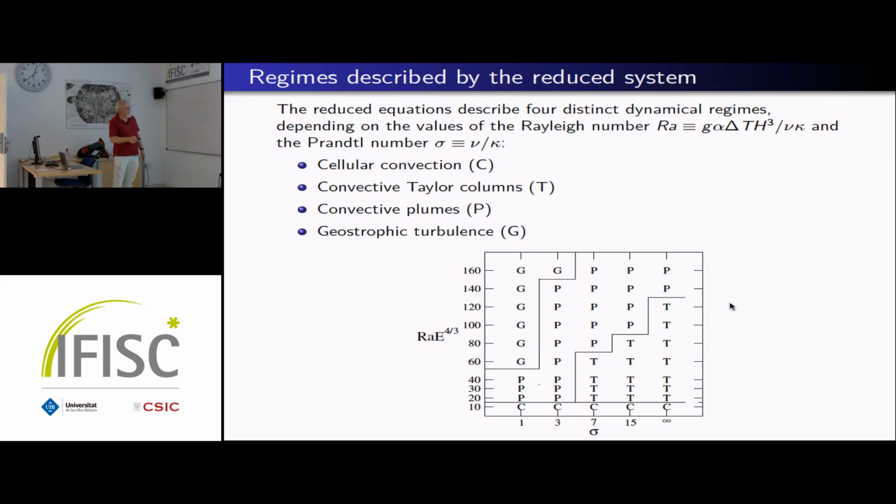And these columns then break up into plumes that don't penetrate all the way across the layer. So that's this plume regime. And then if you force even more, the plumes generate this state of geostrophic turbulence, which is like turbulence, except that on all active scales, you have geostrophic balance. Okay, so it's a different type of turbulence, if you like, from the standard turbulence.